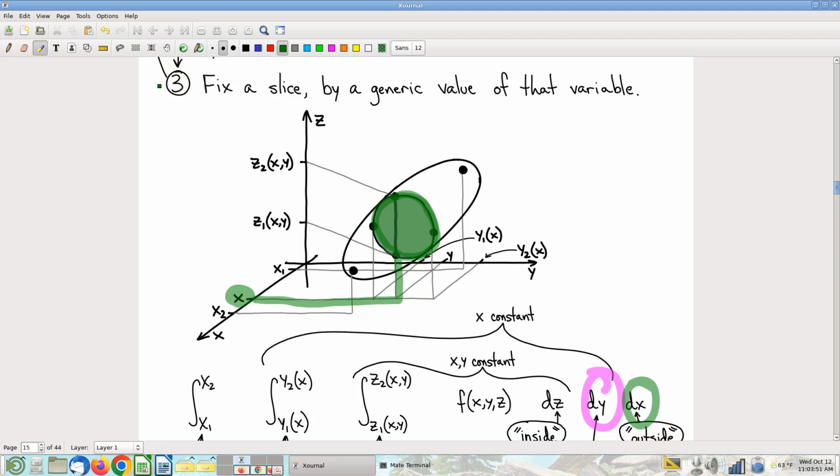I appeal to your geometric intuition that for a given value of y, a y slice is going to intersect our x slice in, the slices are going to be kind of like that. Going to be little vertical segments. Yeah? Okay.